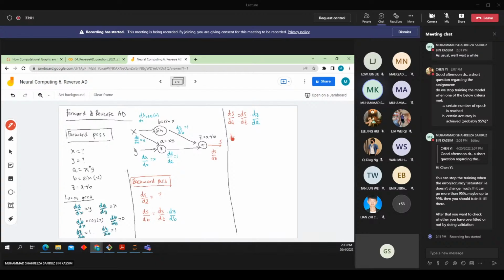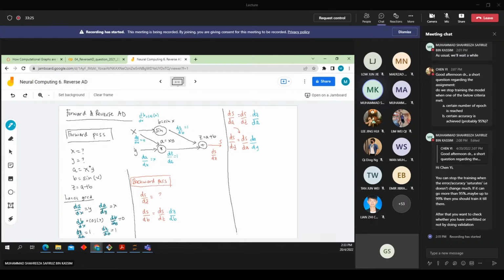So the partial derivative of s with respect to y is equal to the partial derivative of s with respect to a, which is this guy, times the partial derivative of a with respect to y, which is this guy.